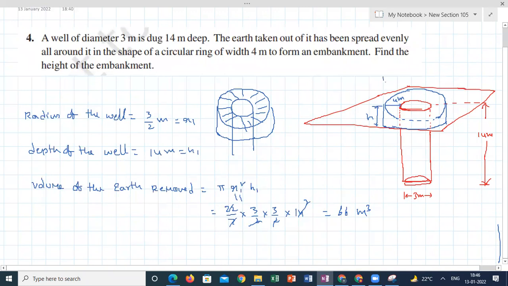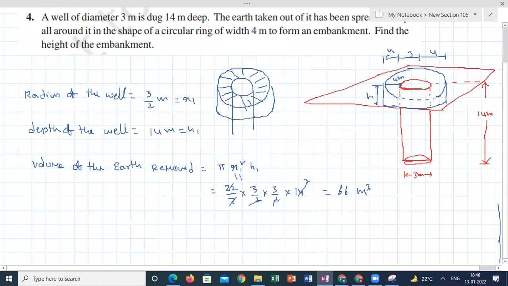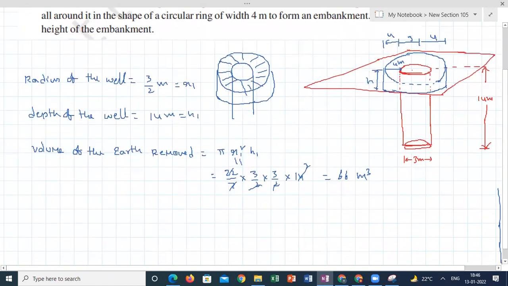So the total width of the embankment is 4 meter here. This is 3 meter and this is 4 meter. So what is the radius of the embankment? This is 4 meter width.